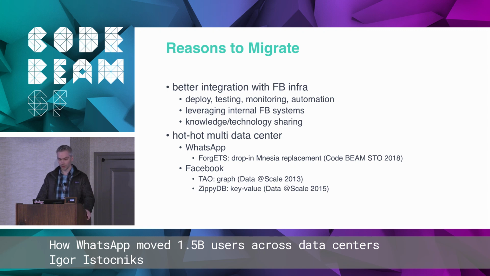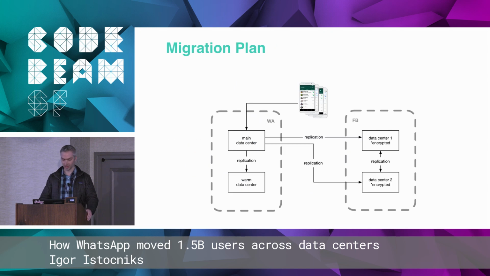All right, so how did we decide that we would like to migrate our data? First of all, the idea was that phones would still connect to WhatsApp data centers, and we would still have our warm data center replication. But then once we are there in WhatsApp, we would start replicating our data to Facebook. Of course, because of our terms of service and legal restrictions, all the data within Facebook had to be encrypted so that only we would be able to access it.